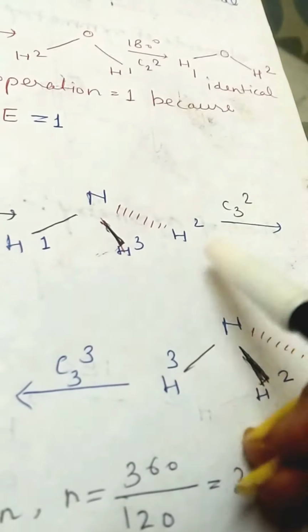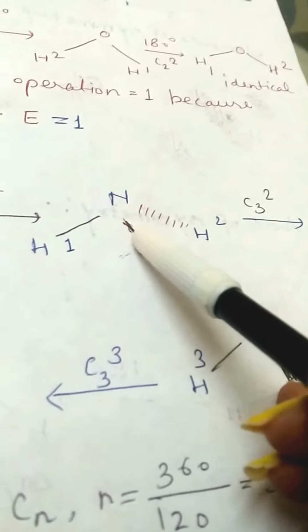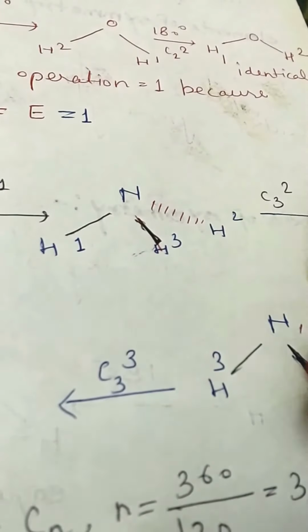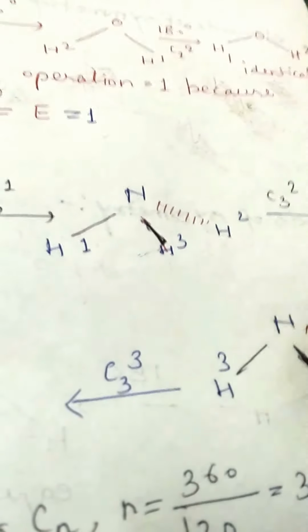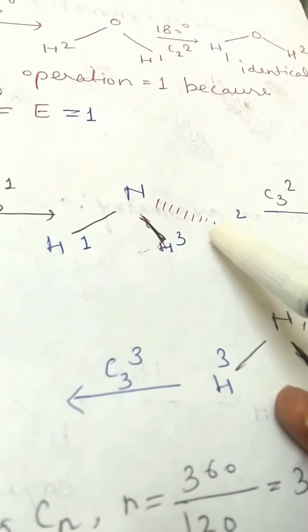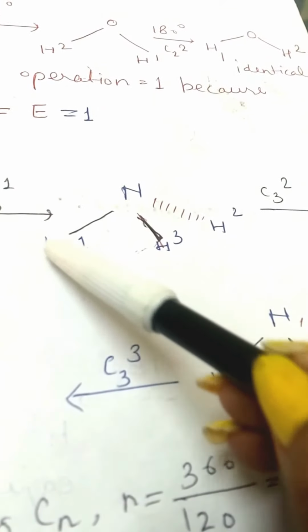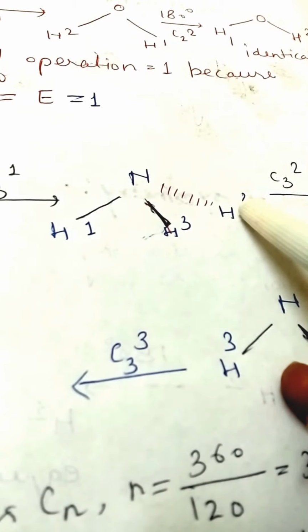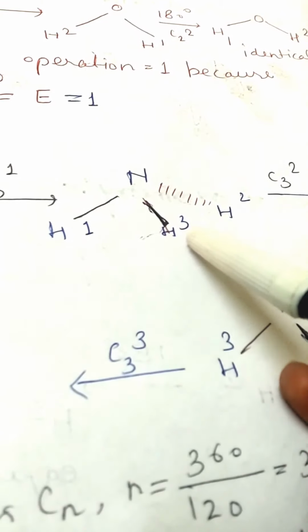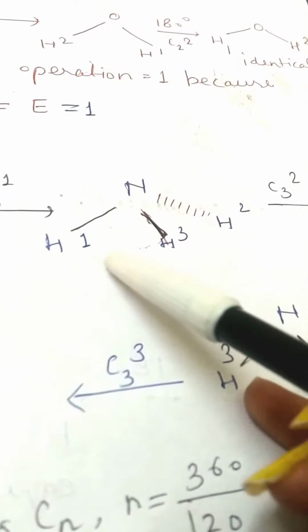Okay. So now our second, this one is C3 squared. We are going to perform the second operation. So what will happen in this operation? Here this hydrogen 1 will go to the place of hydrogen 2, hydrogen 2 will go to the place of hydrogen 3, and hydrogen 3 will go to the place of hydrogen 1. Okay. So here it is.